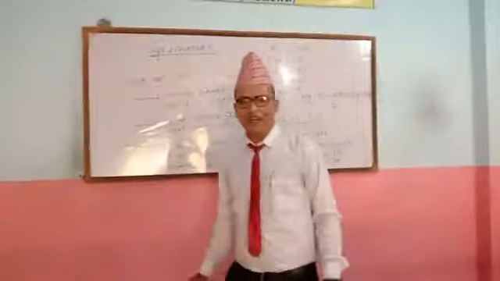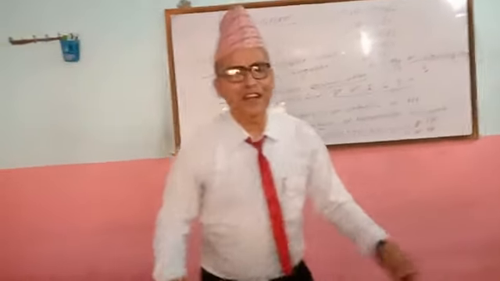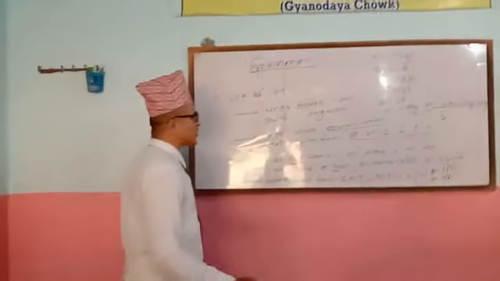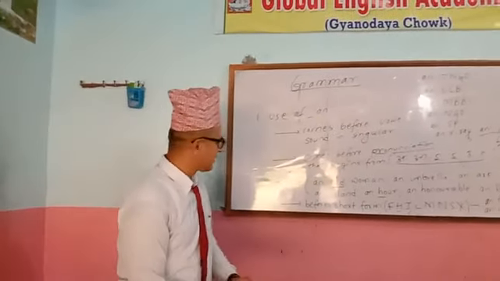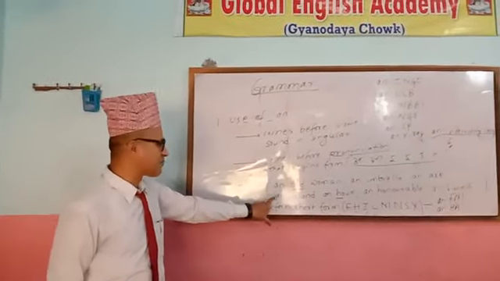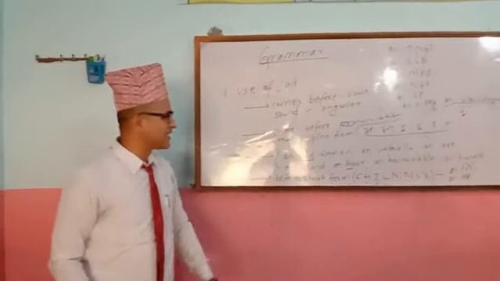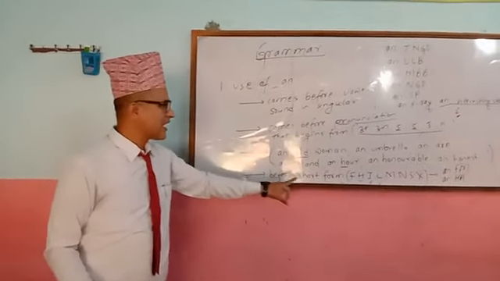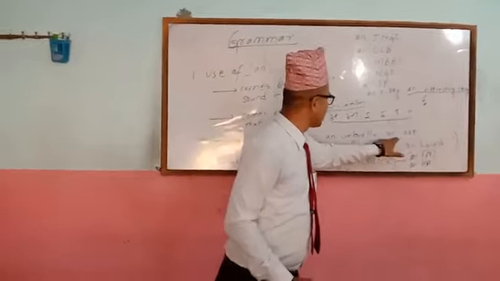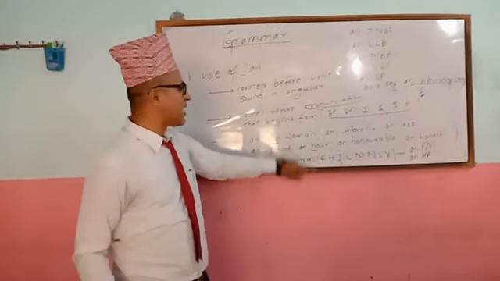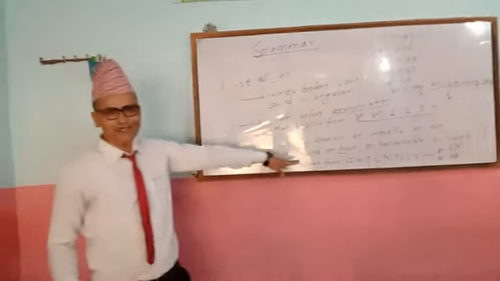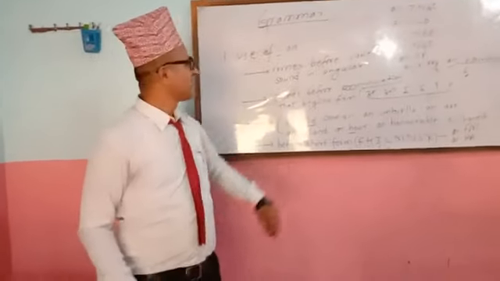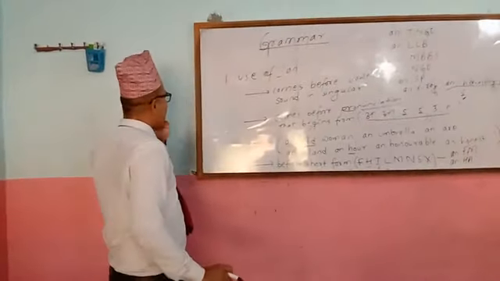So, dear student, you need to understand the use of an with nouns. With the examples once again: an old woman, an umbrella, an egg, right? An island, an hour, an honorable, an honest, and before short forms, I told you.